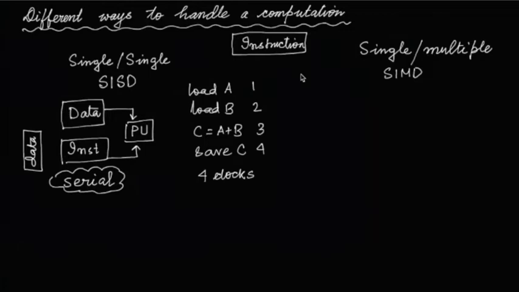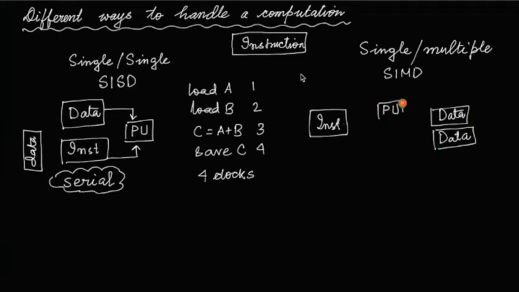I mean that I have the instruction common, but I have different data. Now what I can do is use two processing units. Each will get the same instruction, but it will operate on different data.